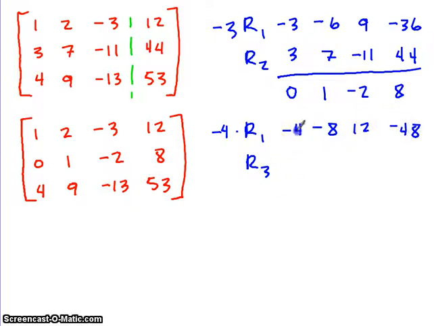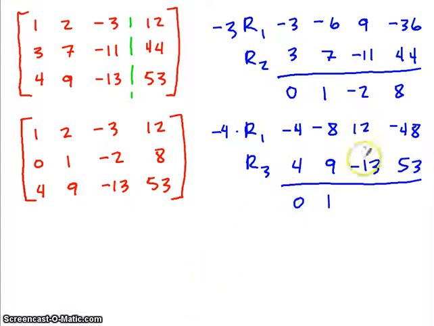Alright, so from here we will have 4, 9, -13, and 53. We're going to add down, and we have a 0, a 1, and a -1, and a 5 there. So we're going to replace that with row 3.